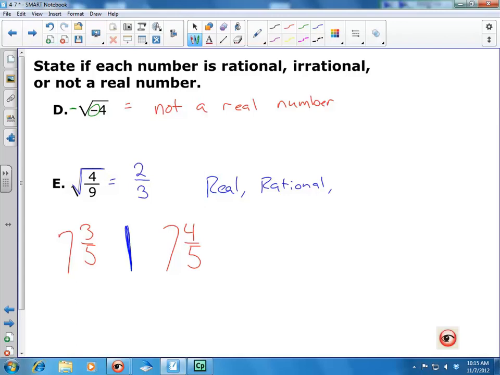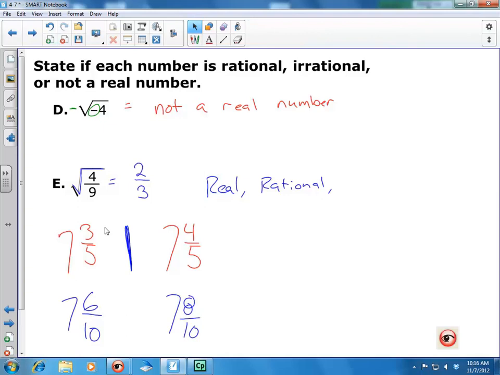Well, these already have a common denominator, but we could make this 7 and 6/10, and we could make this one 7 and 8/10, because all I'm doing is multiplying these by 2. Now, what's a number in between those? Yeah, 7 and 7/10. That would be in between your 3/5 and your 4/5.